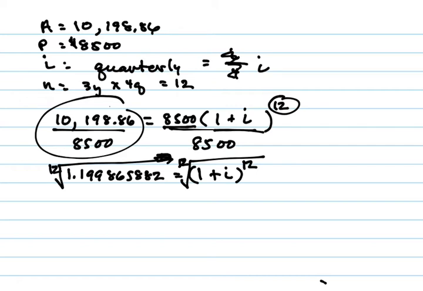Now your calculator is fully capable of doing that. Any root of something. So you could take the 12th root of that. Right? Now, or use the reciprocal of the index. Do you remember that trick?